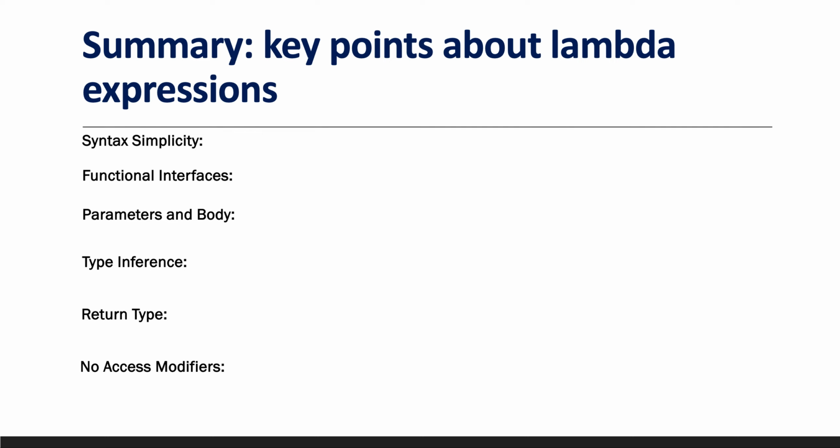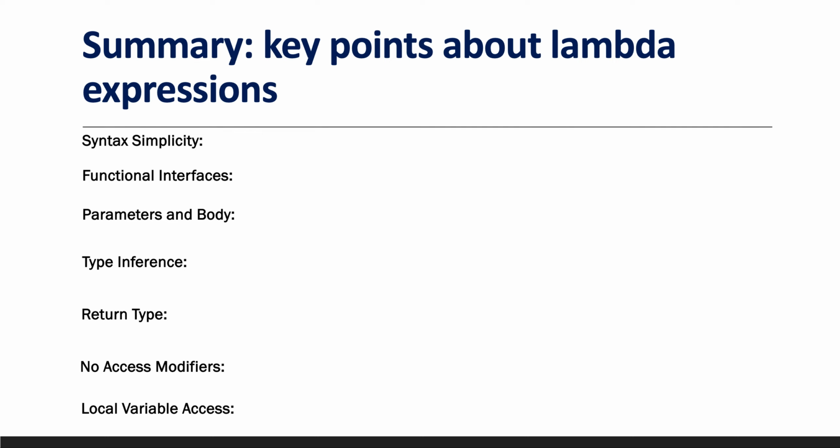The next key point is no access modifier. A lambda expression does not have any access modifier or any throws clause. We have not seen it, but we'll see how it works. The next key point is local variable access. Inside the lambda expression, it is important to note that we cannot use just any local variable.